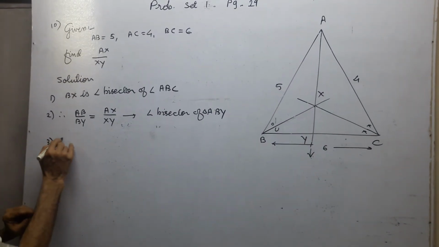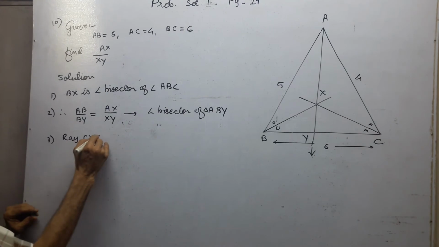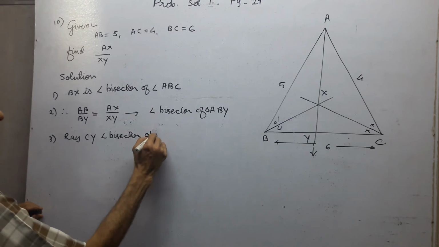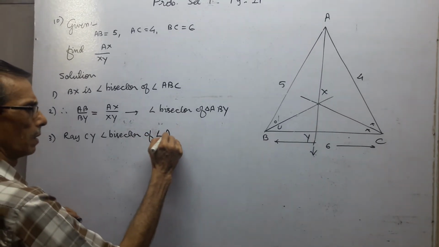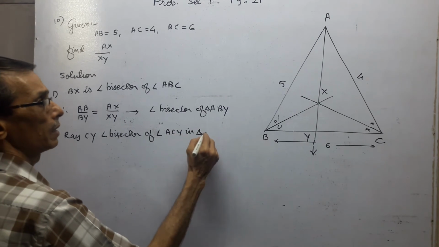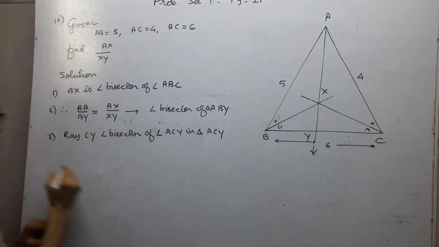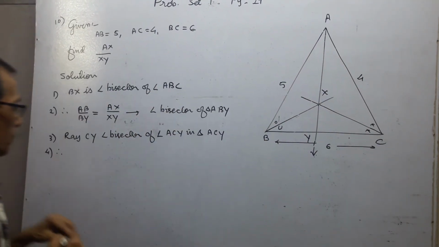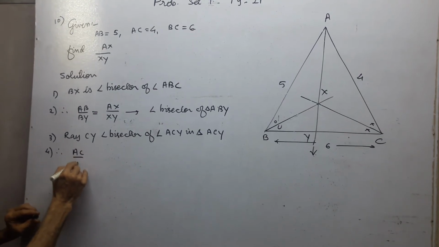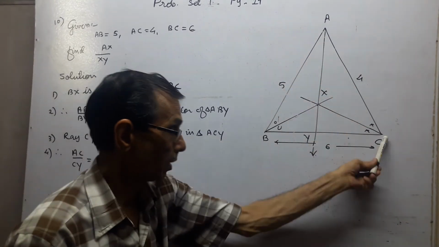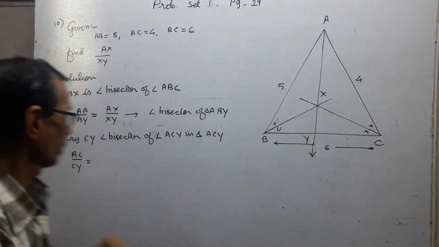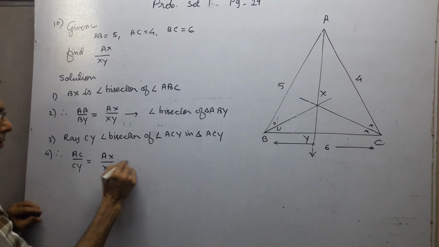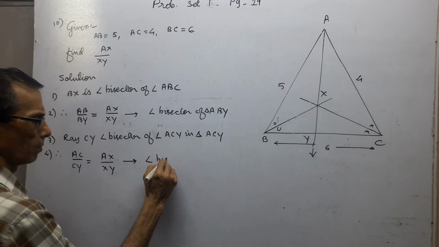So here, raise CY, CX is angle bisector of angle ACY in triangle ACY, and therefore we can write AC upon CY is equal to AX upon XY. This is the result of the angle bisector theorem.